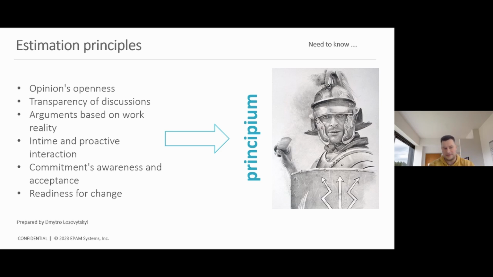The next point is in-time and proactive interaction. Yes, sure, it's common sense, because you couldn't just make the estimation process as long as possible. It's not right. It's not true. You need to have some precise events, for example, related to your estimation techniques usage, etc. on team level, and make it in time.